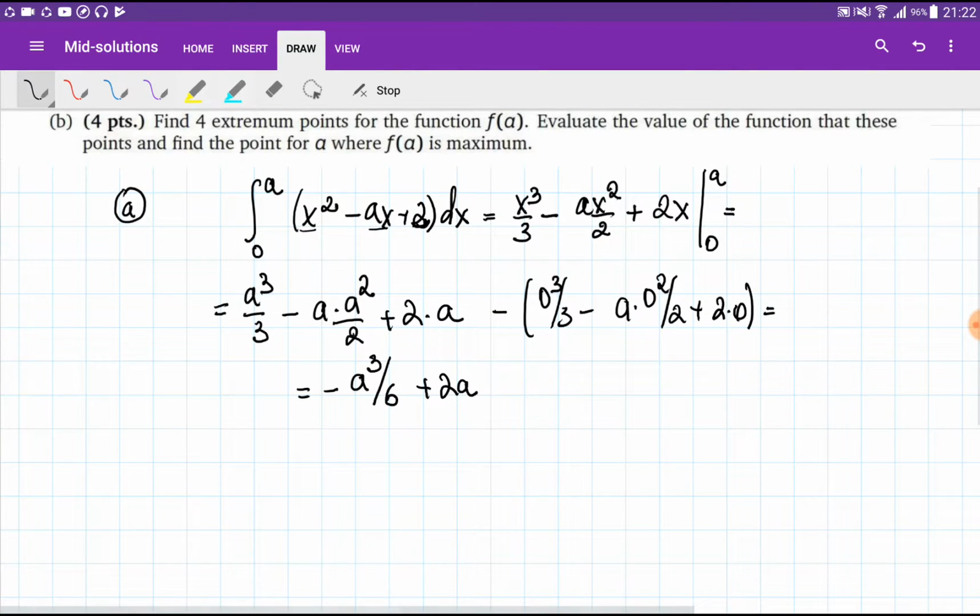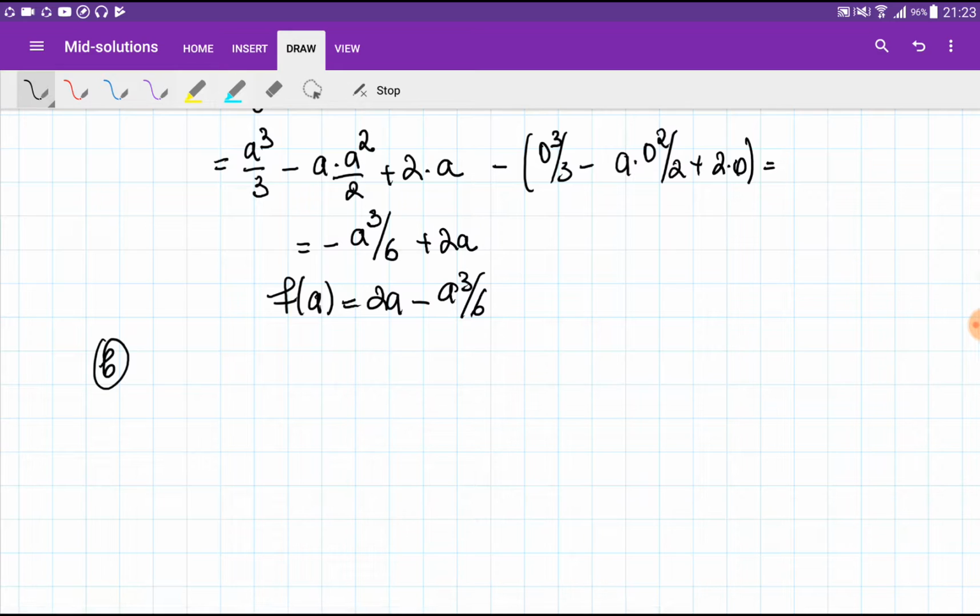So basically, we have figured out the explicit form of the function: f of a is equal to 2a minus a cubed over 6. On the a-axis, we need to figure out its maximum and minimum values. In order to do this, first of all, we need to figure out its extremum values, right? So we look for the critical points, the points where the derivative of this function is equal to 0.